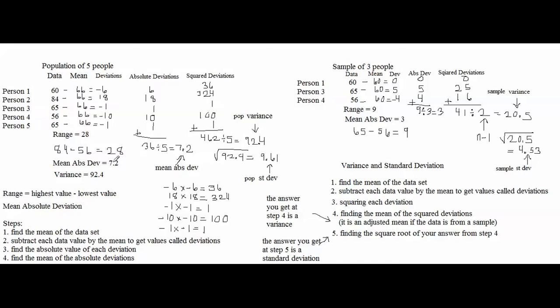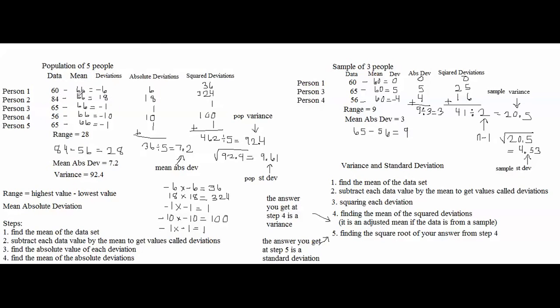What I mean is, what these two values are showing you, the mean absolute deviation and the standard deviation, what they're showing you is about how far, on average, each number in the data set is from the mean. Let's think about that. The mean was 66. So this number is 6 away from the mean. It's 6 below. This number right here was 18 above the mean.